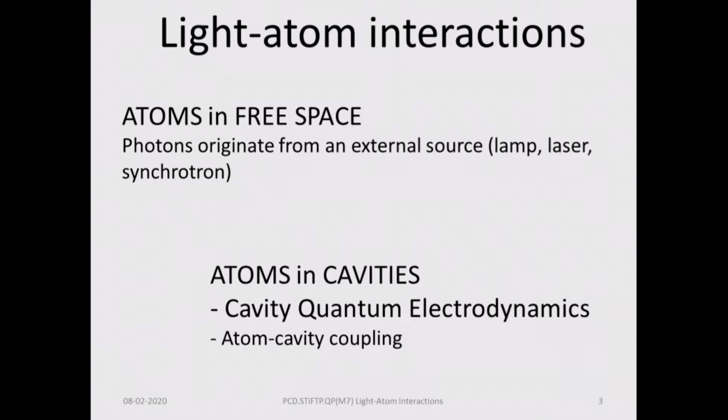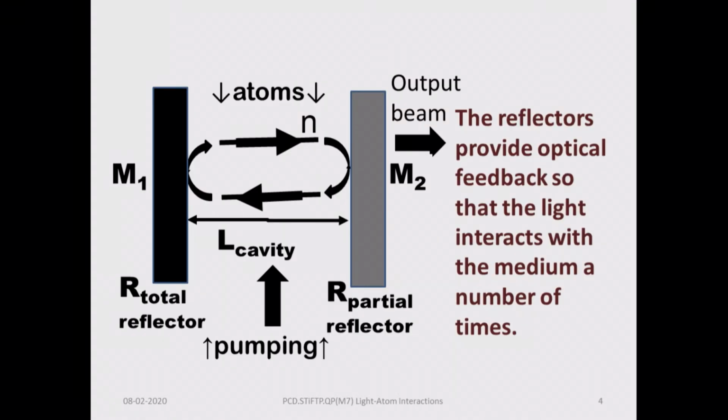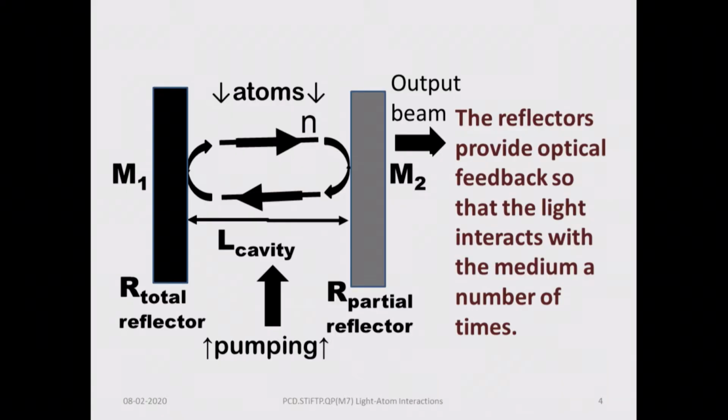Okay, so we will talk about both atoms in free space, in which the photons come from somewhere and interact with an atom, whereas atoms in cavities are confined to some space, like two reflectors, like two mirrors, and you can inject atoms from one side and a laser beam or optical pumping from the other, right?